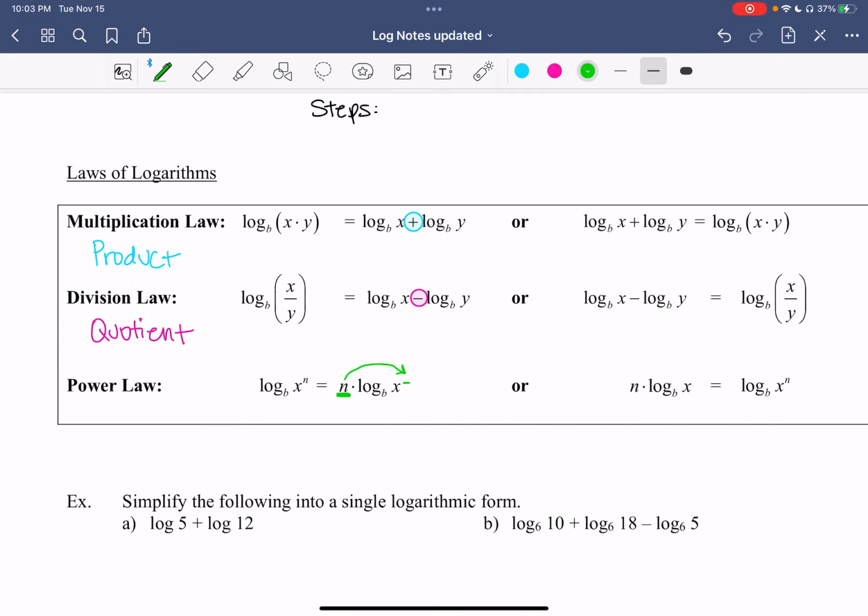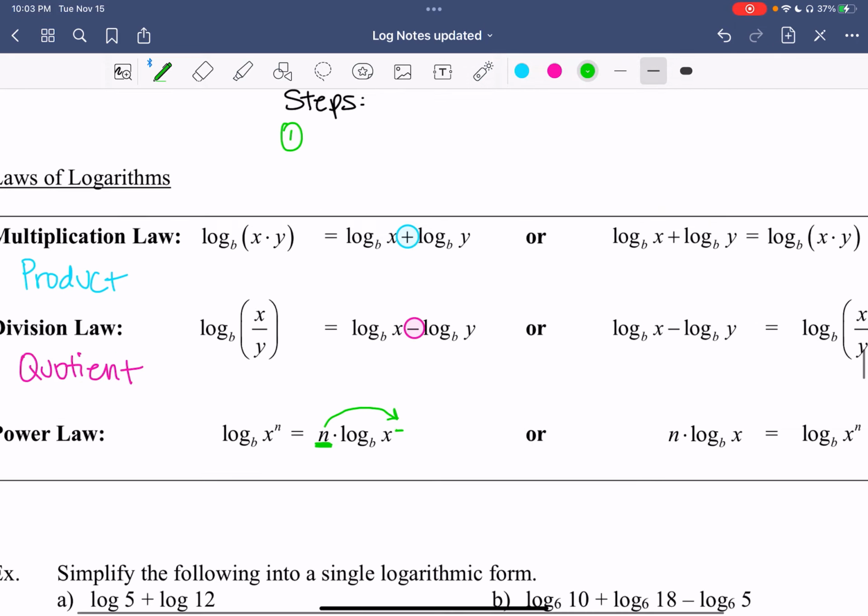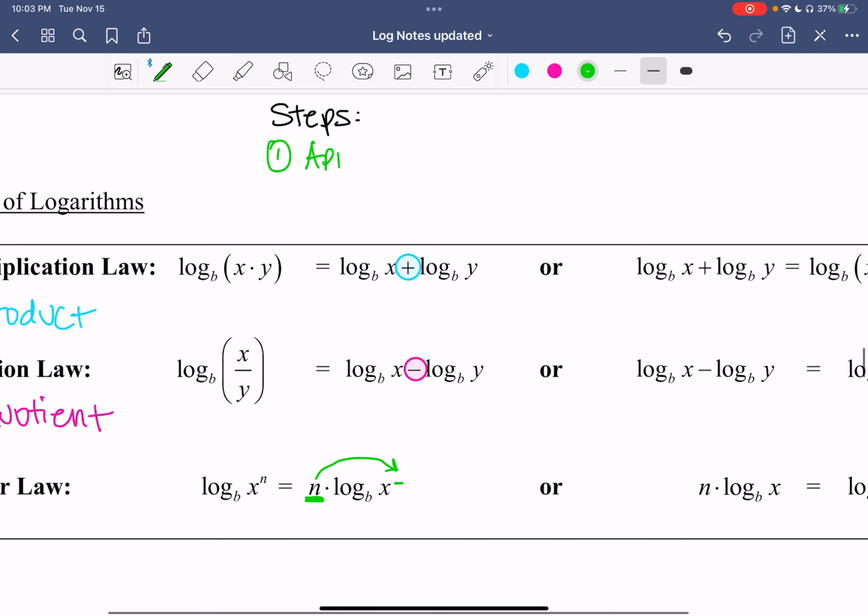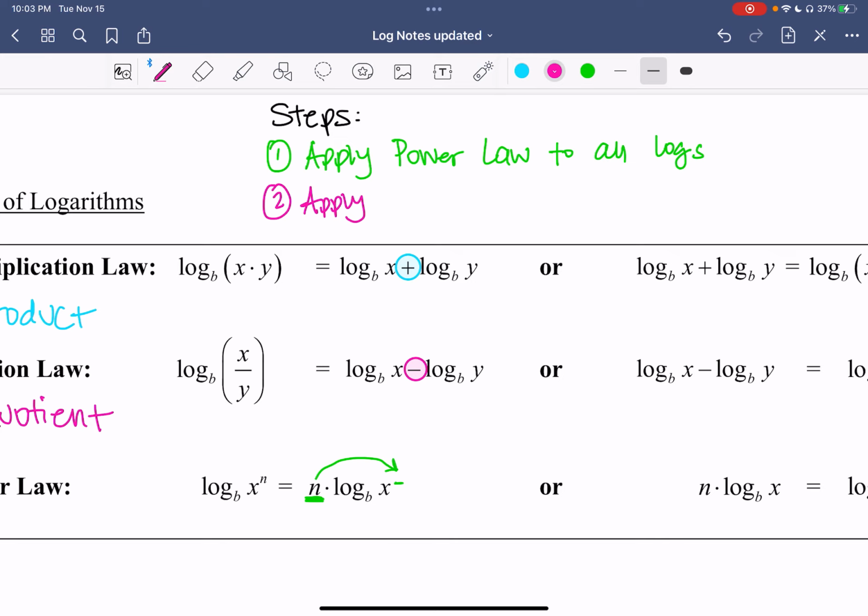Okay, so the first thing you're going to do is apply the power law to all logs. Okay, then after that, step 2, you're going to apply the product law or the quotient law.